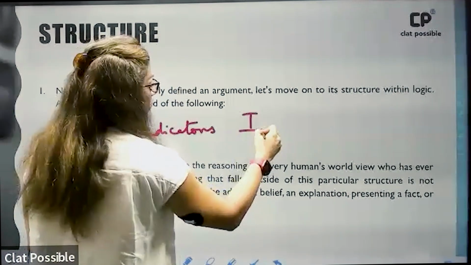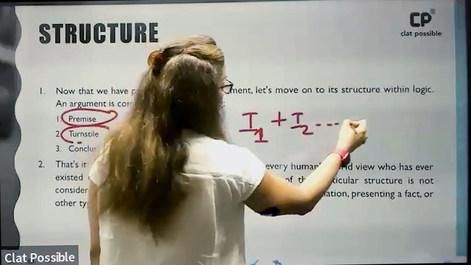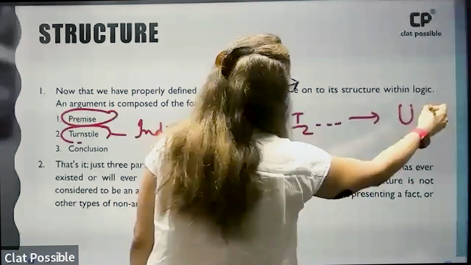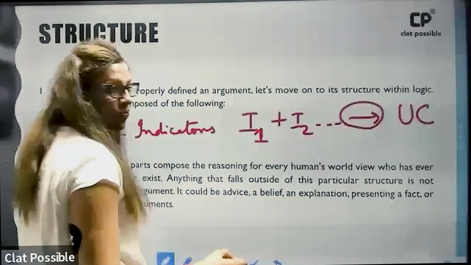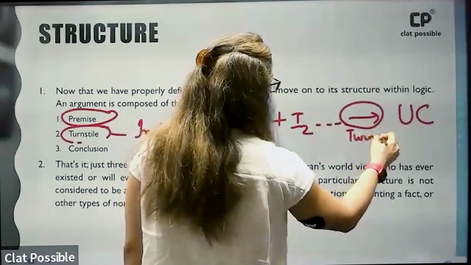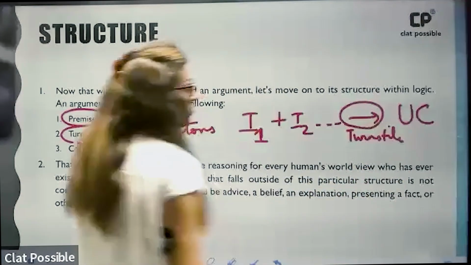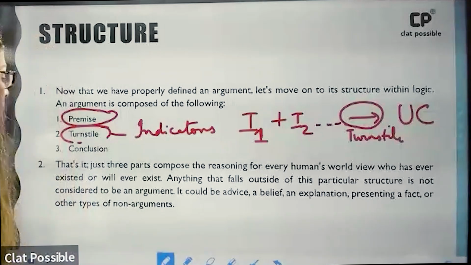So idea 1 plus idea 2, as many, leading to the ultimate conclusion. And this leading to is known as the turnstile or the indicator. This indicator will help you reach this ultimate conclusion.